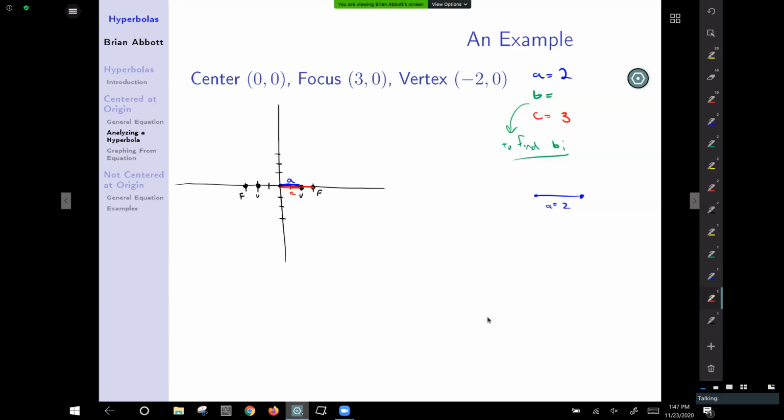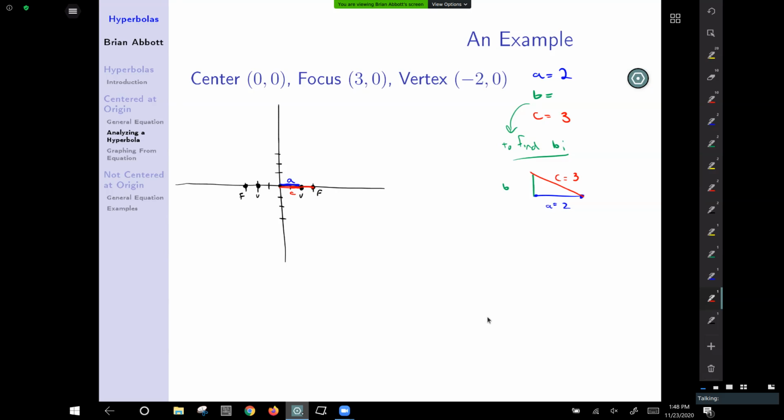And then I'm going to have some vertical distance here to generate the box, and that's going to be B. I don't know what that is yet. This picture may or may not be to scale. Could be long, could be shorter. But I know that the hypotenuse of a right triangle, so to speak, is going to be the distance from the center to the focus. C is equal to 3.